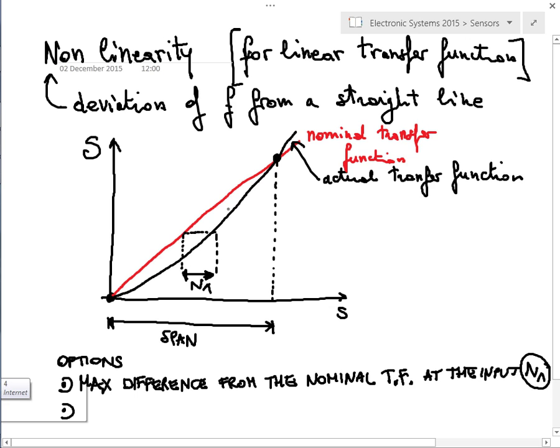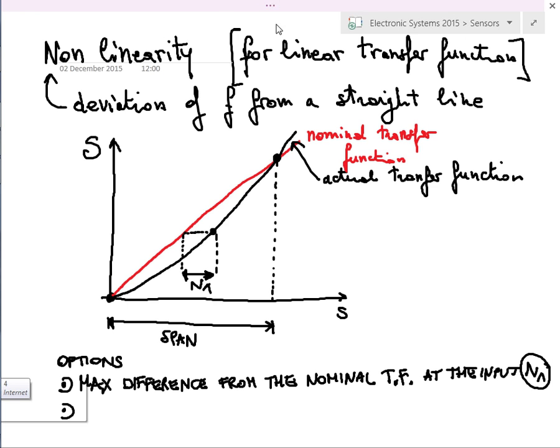But in some other cases, there is a point in the span which is particularly important from the application point of view, and then one measures the nonlinearity with respect to, let's say, a linear extrapolation around a particularly relevant point.